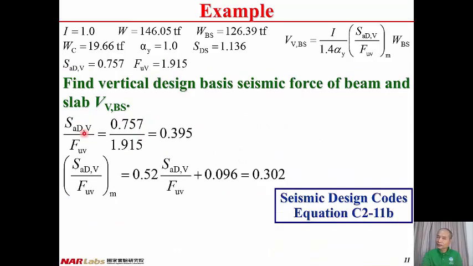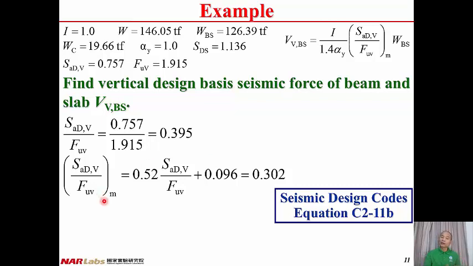So far we have SADV, the vertical component of the design basis spectral acceleration, and FUV, the vertical seismic force reduction factor, so that we can have the ratio between SADV and FUV equal to 0.757 divided by 1.915 equal to 0.395, and it is larger than 0.2.